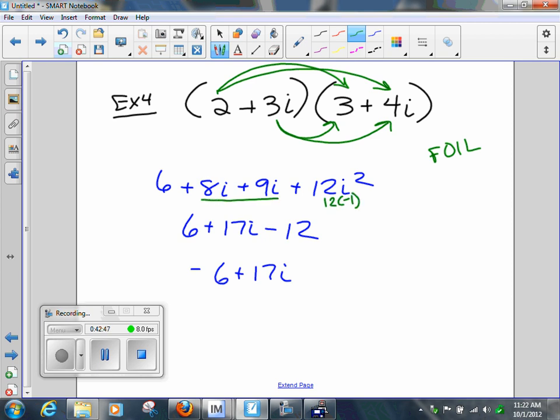I combined my i terms, my like variables. So I got 6 plus 17i minus 12. How'd I get to minus 12? 12 times negative 1. And then I combined 6 and negative 12 to get negative 6 plus 17i. But, Lexi, does it work in a calculator? Absolutely. Yes.